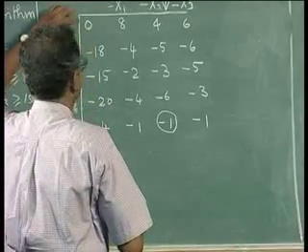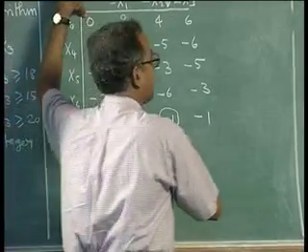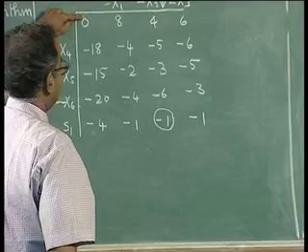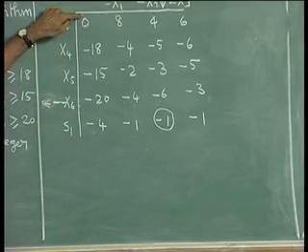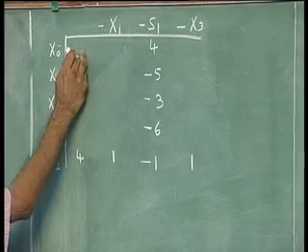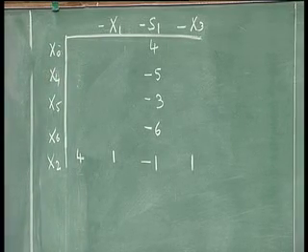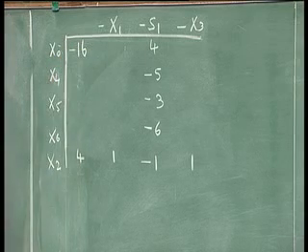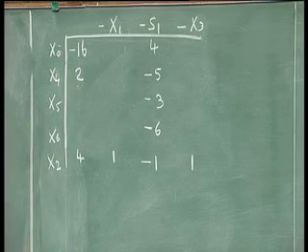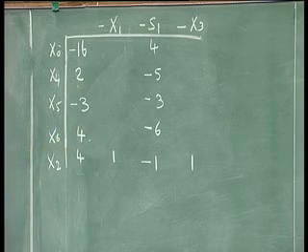Now this will become 0 minus 4 into 0, correct, 0 minus 4 into minus 4, which will be, making a mistake, no, 0 minus 4 into 4 will give you minus 16, minus 18 plus 20 is 2, minus 15 plus 12 is minus 3, minus 20 plus 24 is 4.